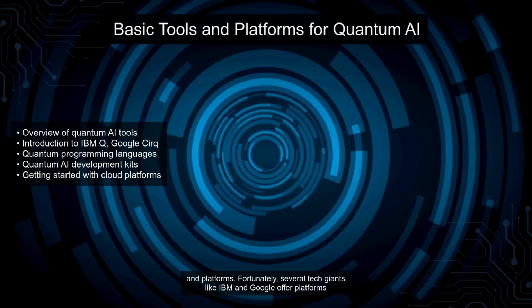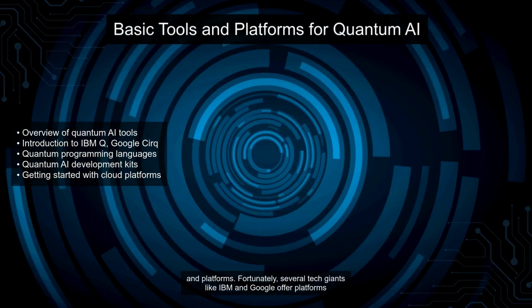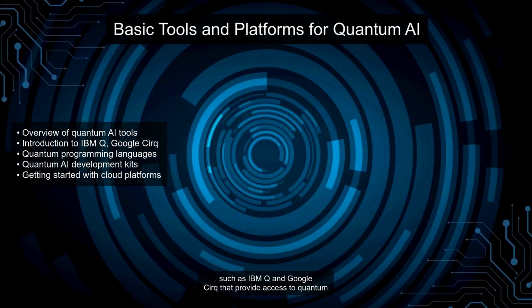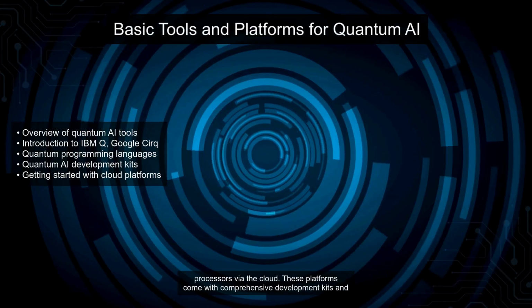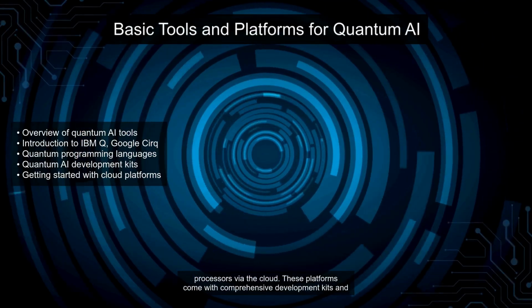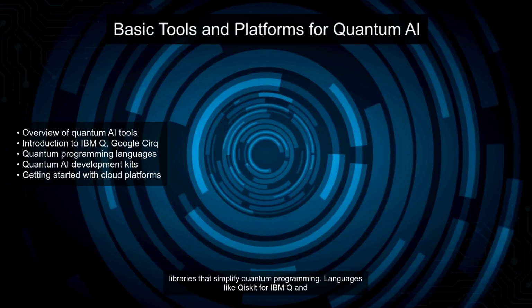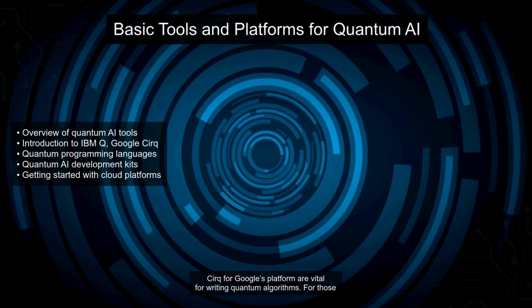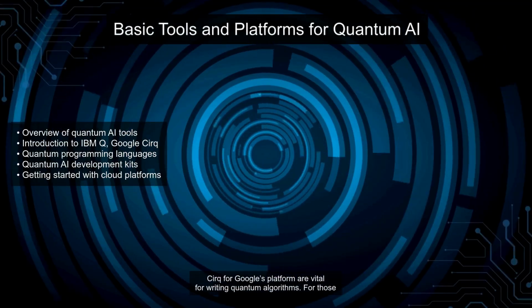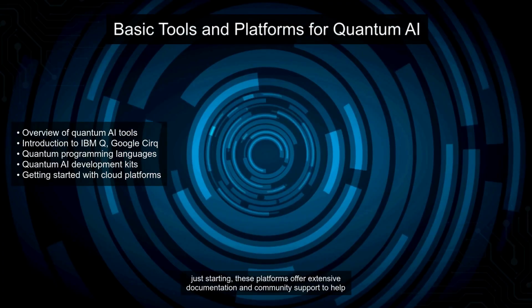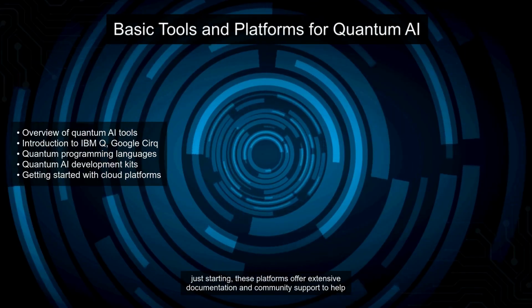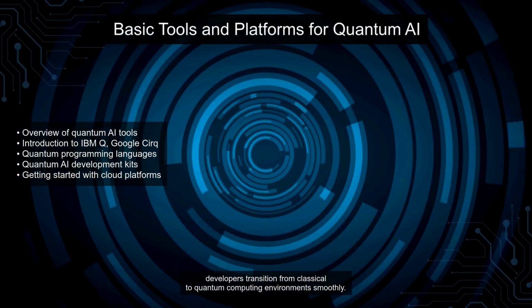Fortunately, several tech giants like IBM and Google offer platforms such as IBM Q and Google Cirq that provide access to quantum processors via the cloud. These platforms come with comprehensive development kits and libraries that simplify quantum programming. Tools like Qiskit for IBM Q and Cirq for Google's platform are vital for writing quantum algorithms. For those just starting, these platforms offer extensive documentation and community support to help developers transition from classical to quantum computing environments smoothly.